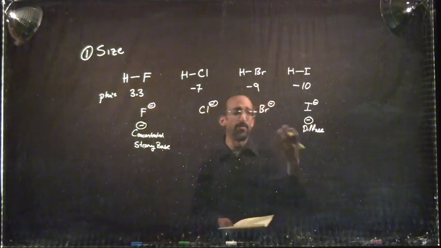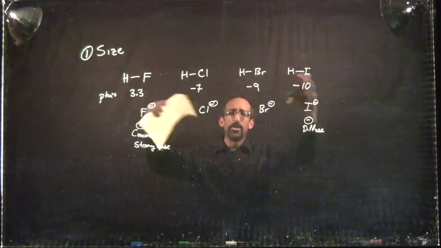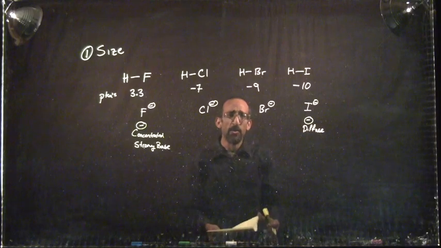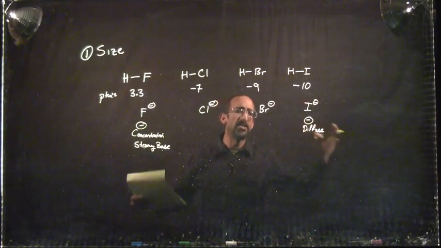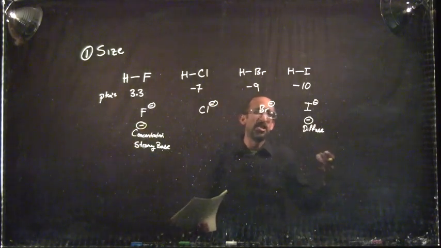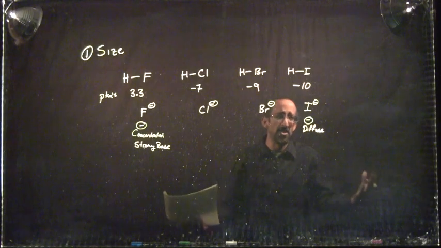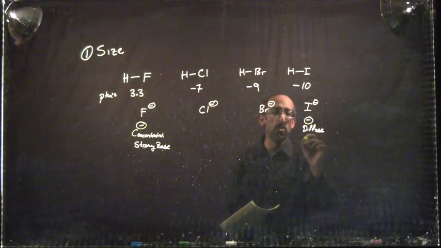Similarly, but conversely, because this negative charge on this iodine is so spread out over a large volume, it's not very concentrated, it has a lot of room to exist, and it's relatively comfortable, and that negative charge isn't particularly interested in forming a new bond to a hydrogen atom, and so this I minus is going to be a weak base.